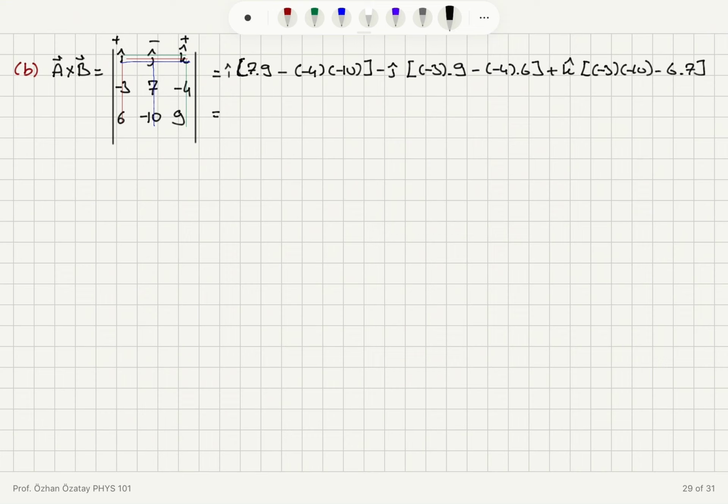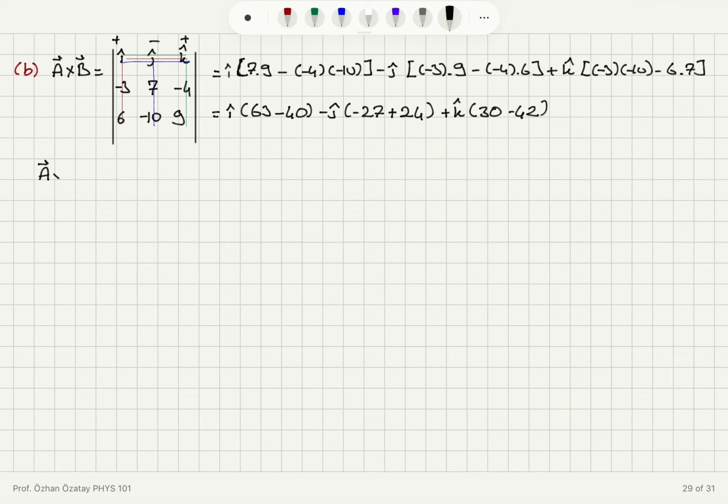So this will give us i hat times 7 times 9 is 63, minus 4 times minus 10 is 40, so it's minus 40, minus j hat times minus 3 times 9 is minus 27, minus 4 times 6 is minus 24. Another minus sign becomes plus 24. Plus k hat times minus 3 times minus 10 is 30 minus 42.